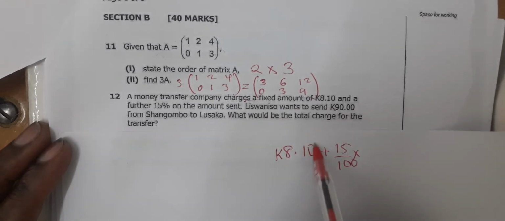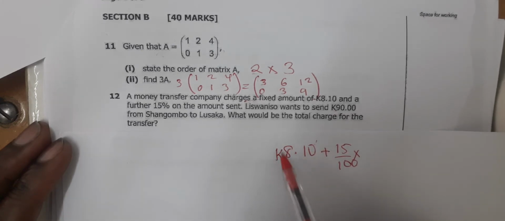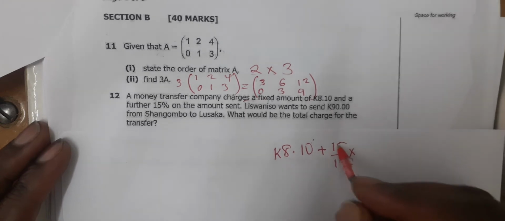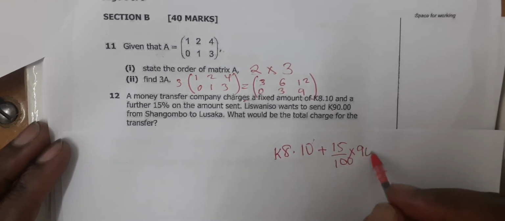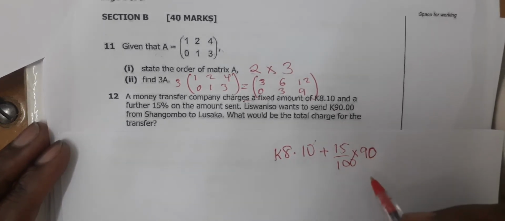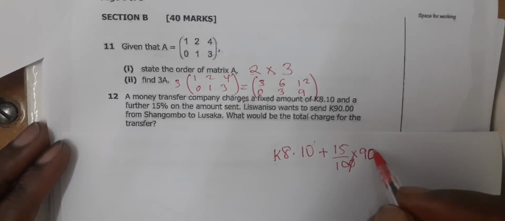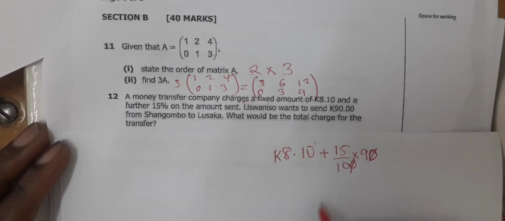So the total charge is going to be this amount, which is fixed, plus the 15%. So 15 is 15 over 100 multiplied by 90. Okay, so you cancel this and that.